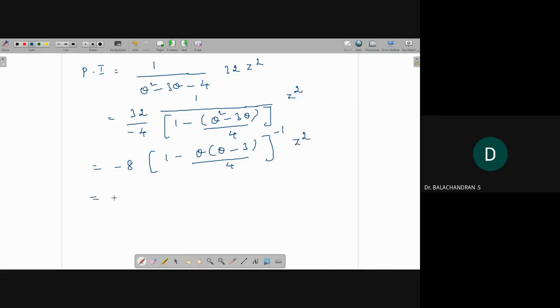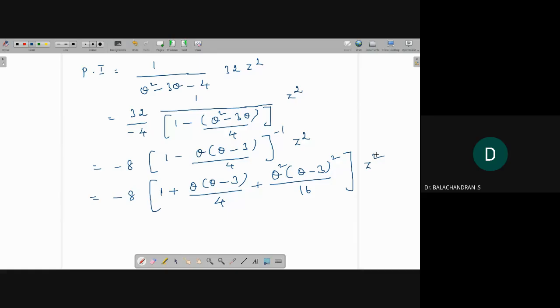So this is equal to minus 8 into 1 minus x whole power minus 1. Here I have z square. So 1 plus x, where x is theta into (theta minus 3) divided by 4. One more term I need to write: theta square into (theta minus 3) whole square by 4 square, 16, into z square.